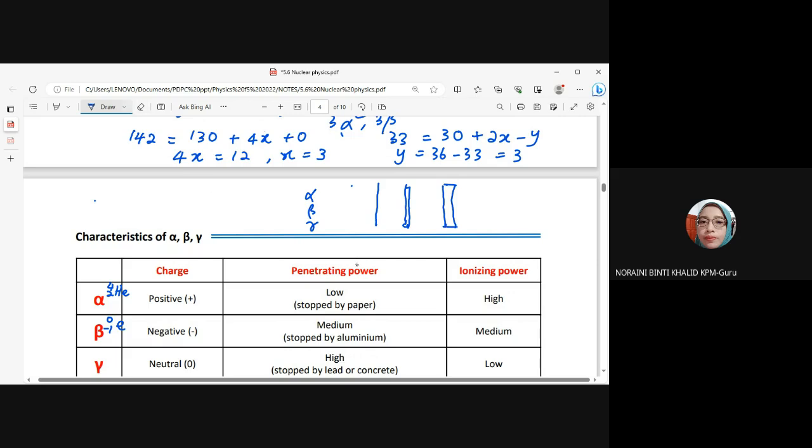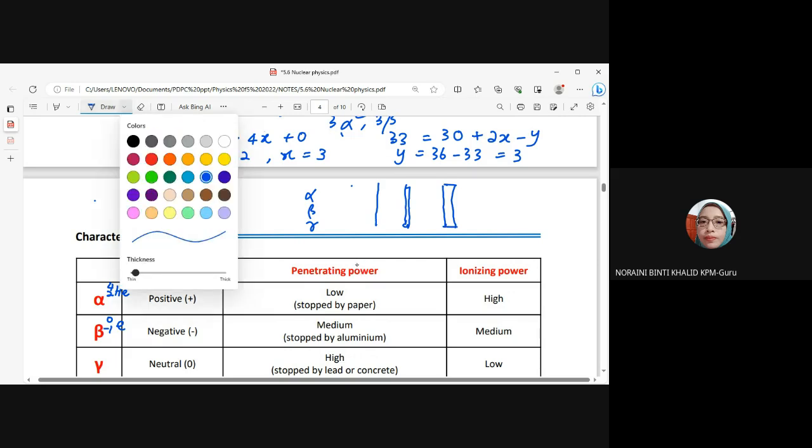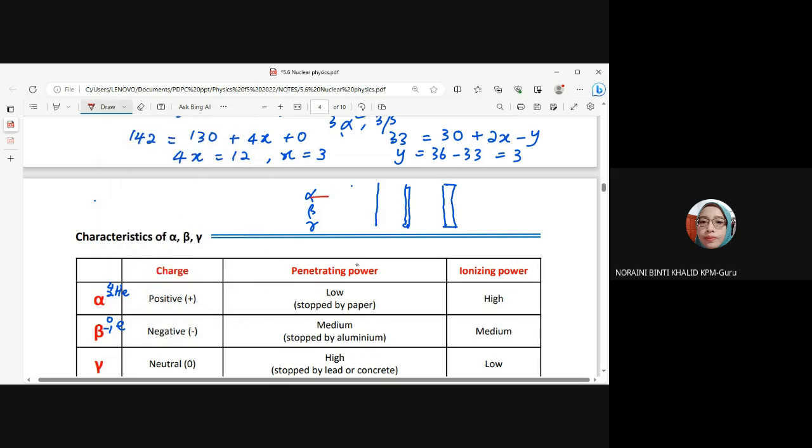If we let alpha pass through, it can just travel and stop here, at the piece of paper. Beta can pass through paper and is stopped by a few cm of aluminium. Gamma can pass through paper, can pass through aluminium, and can be stopped by lead or concrete. So this shows the penetrating power.